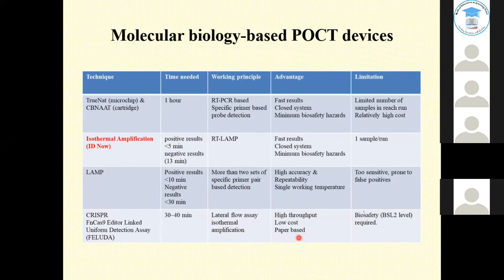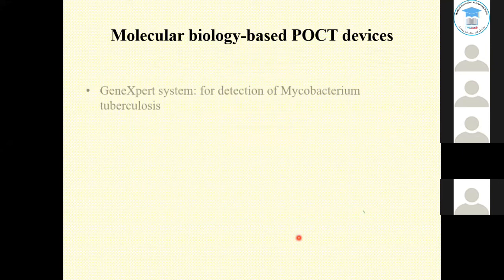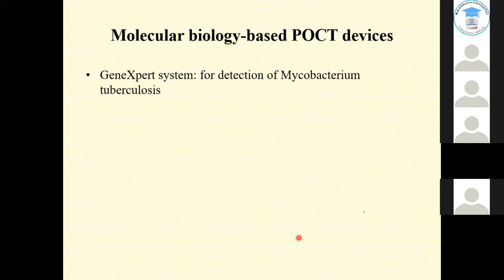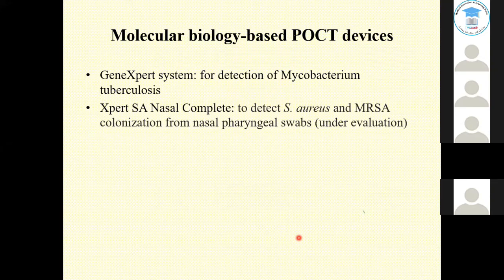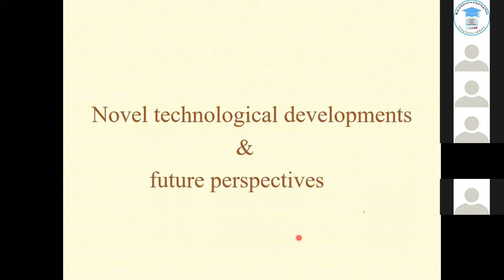So these are a few examples of very extensively used molecular biology-based POC devices in the last 2 years. Additional examples are GeneXpert for detection of Mycobacterium tuberculosis, and another under evaluation is the Xpert Assay Nasal Complete for detection of Staph aureus and MRSA colonization from nasopharyngeal swabs.